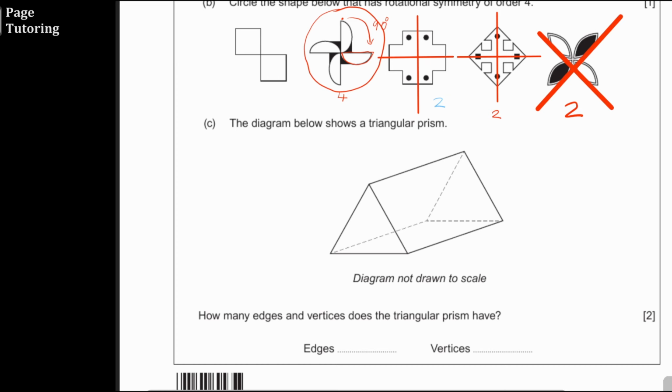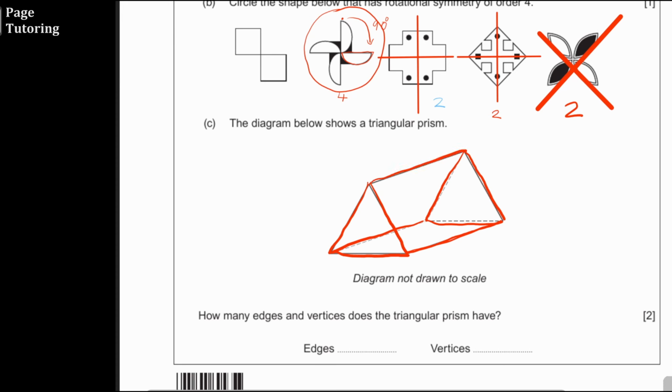So edges, self-explanatory. An edge would be, for example, straight along here, so that's an edge. This is an edge. This is an edge, and you'll see that I'm just outlining the actual net of the prism. Not very straight, but there you go. So it's all of these long straight lines.